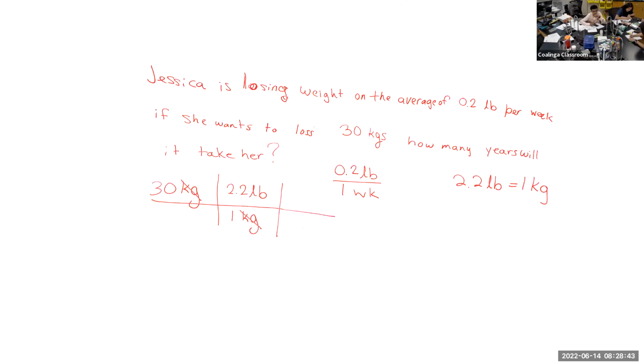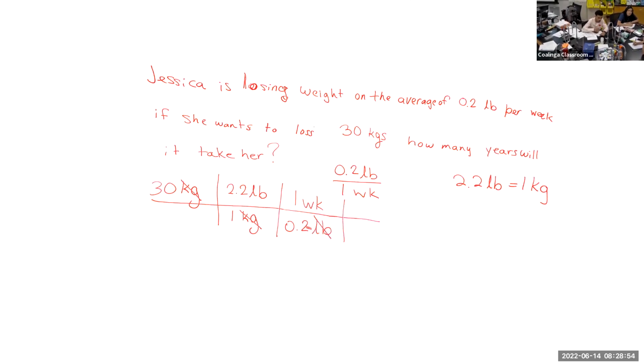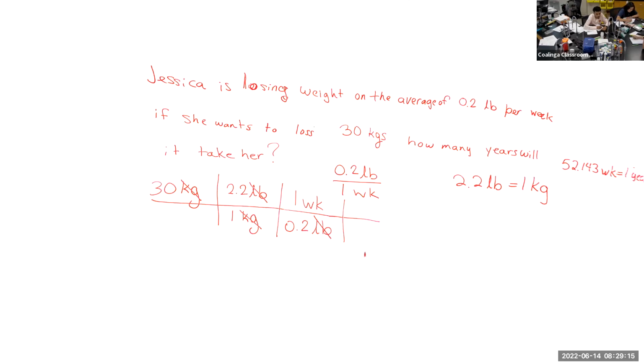Okay, so after 1 week over 0.2 pounds. Pounds cancel out. Years. How many weeks are in a year? 52. 52.14 weeks. Okay, so at the bottom, 1 year at the bottom. But yeah, we get one.